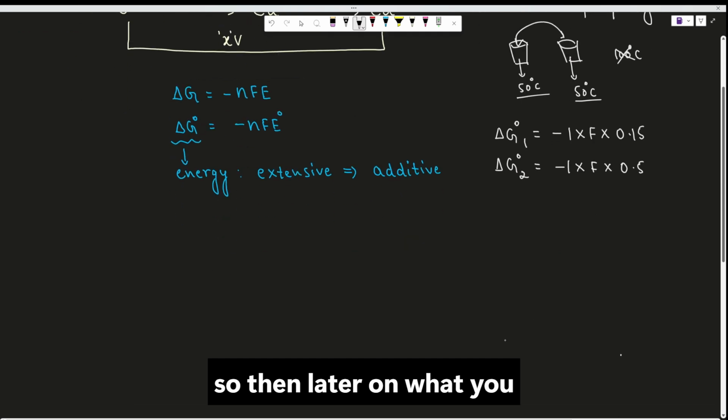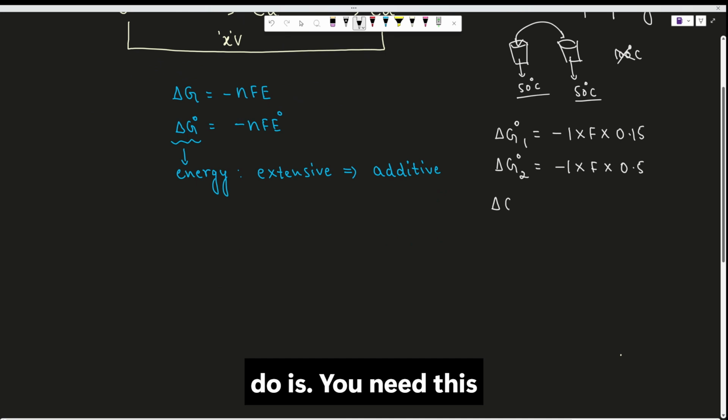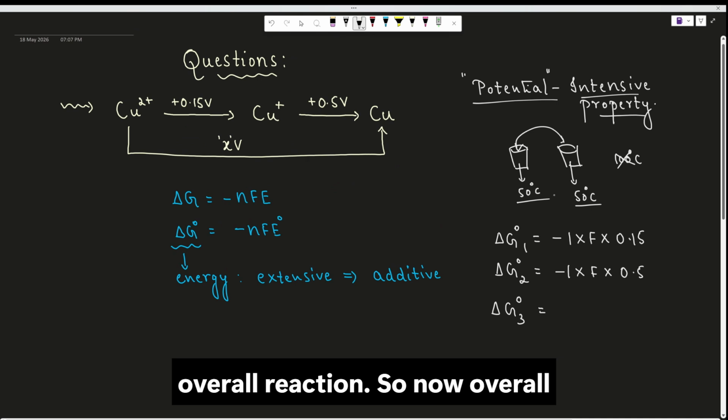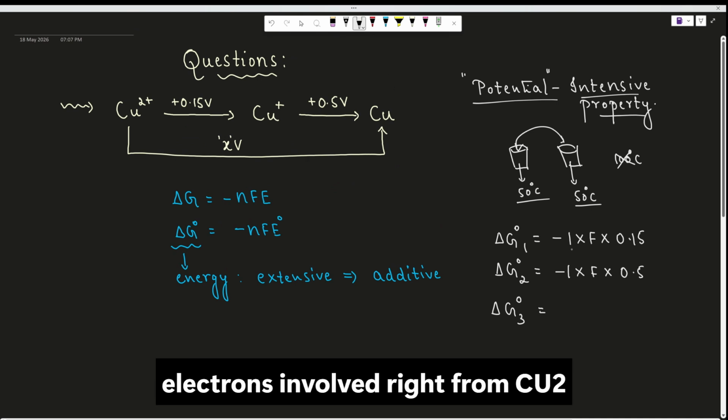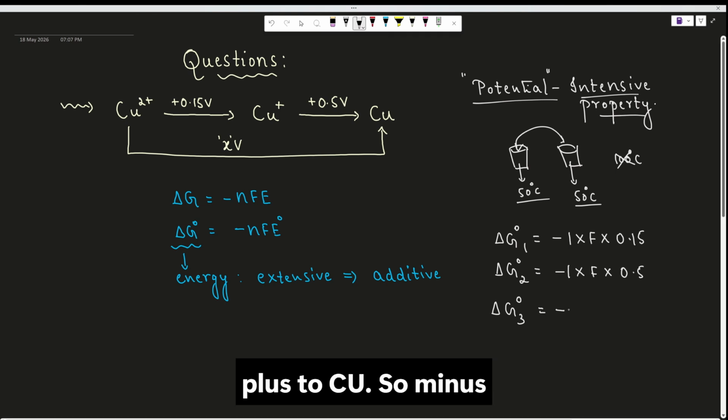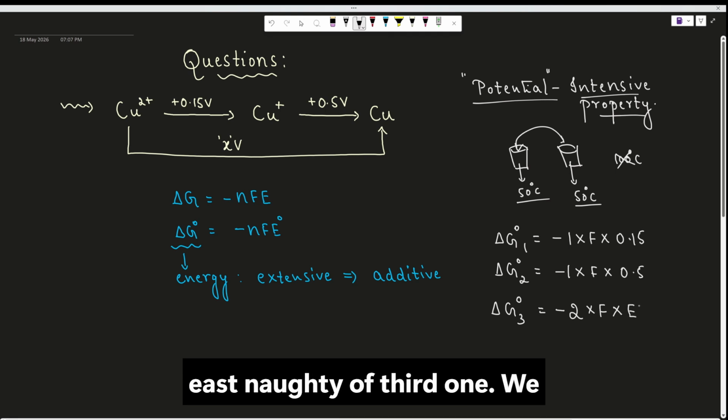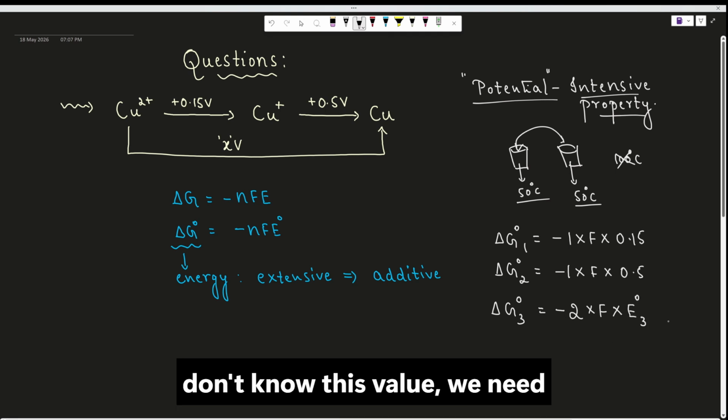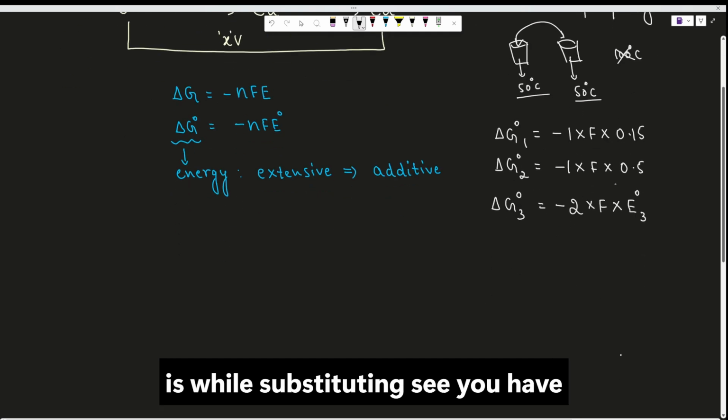Okay. So then later on you need the third one, for the overall reaction. Overall reaction means you have two electrons involved, right? From Cu2+ to Cu. So minus 2, then into F, then into E naught of the third one. We don't know this value, we need to find it out. Now while substituting, you have negative signs and all that.